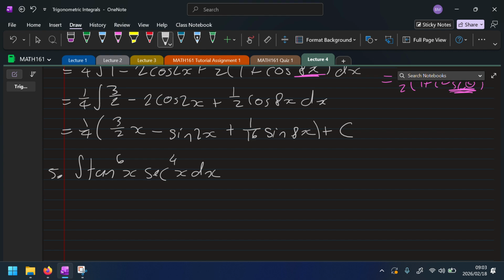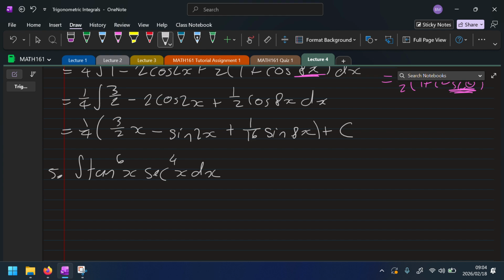If I have tan and I do the derivative of tan, what do I get? Sec squared. Good. So if I've got tan to the 6 and sec to the 4, what should I factor out that will become du? Remember, we're factoring out something that will become our du.